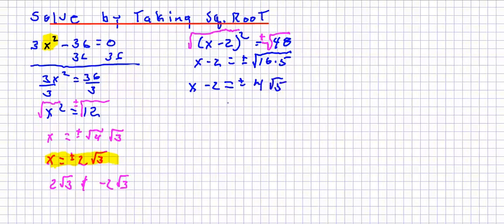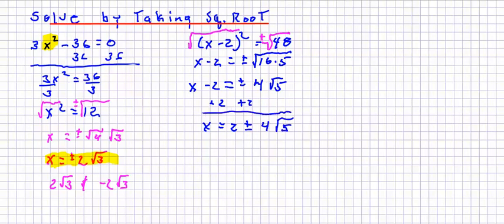And now it's going to look a little bit different. We're going to add 2 to both sides, plus 2 plus 2. So we have x equals 2 plus or minus 4 square root of 5.